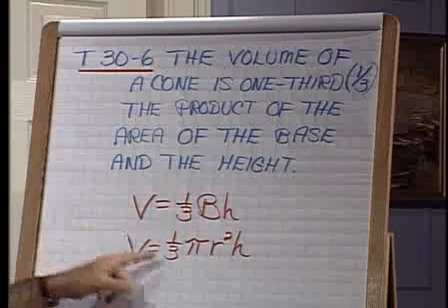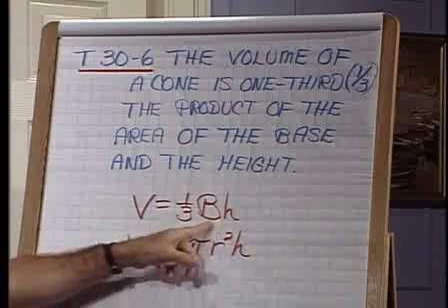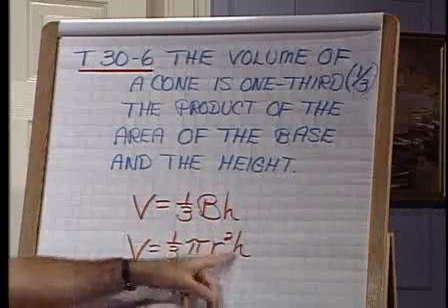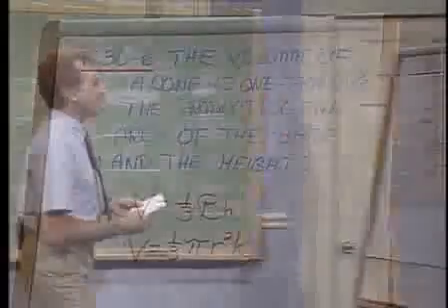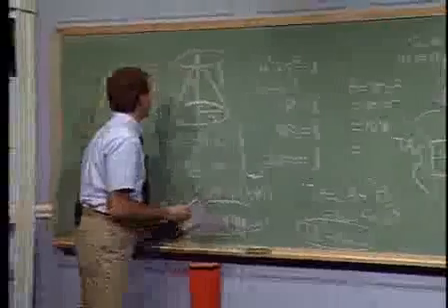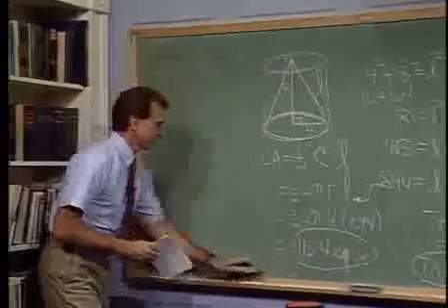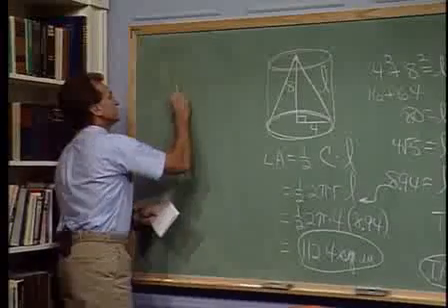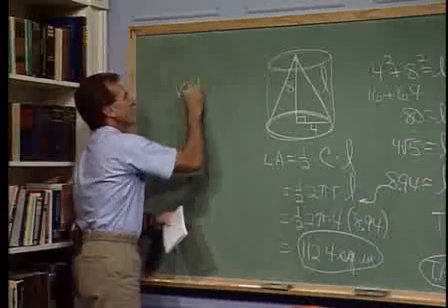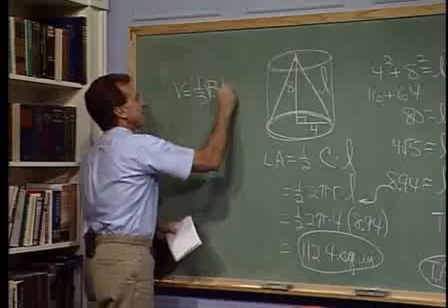So that's 1/3 pi r squared, the area of the base, pi r squared, times the height. Let's find the volume of this same cone right here. The volume of this cone, as given here, would be 1/3 the area of the base times the height.